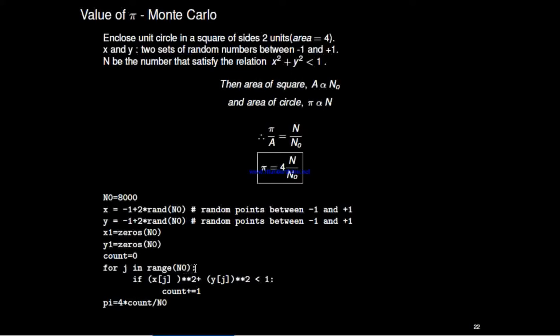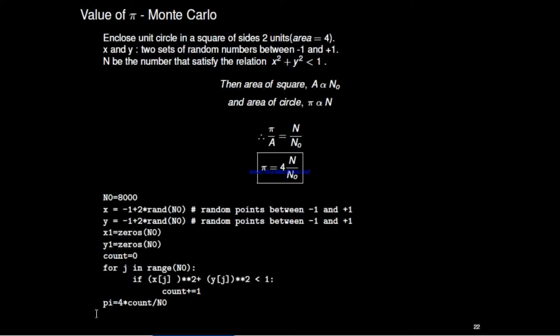The total count is over n0 numbers. If xj square plus yj square is less than 1, we increase the count by 1. Then we take the final value of the count, divide it by the total number and multiply with 4. You get the value of pi.